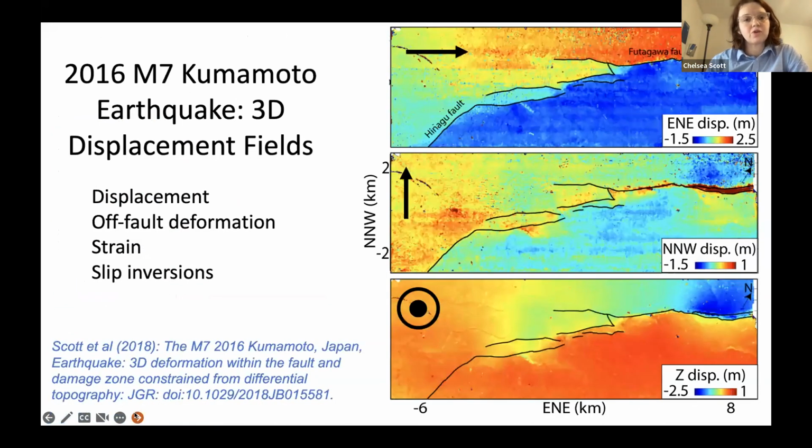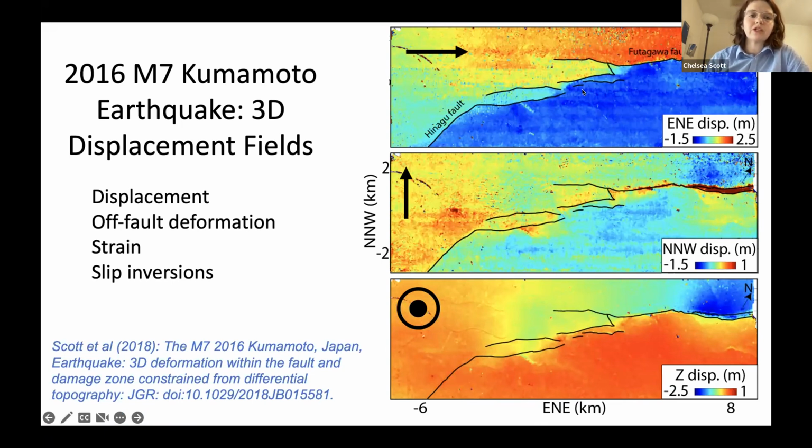So I'll now discuss what these data sets can show us about earthquakes and faults. So here are the 3D topographic differencing results from the 2016 magnitude 7 Kumamoto earthquake. And so the arrows represent the sense of motion. And I'd like to discuss the top plot here. You see in black are the faults that ruptured in the earthquake.